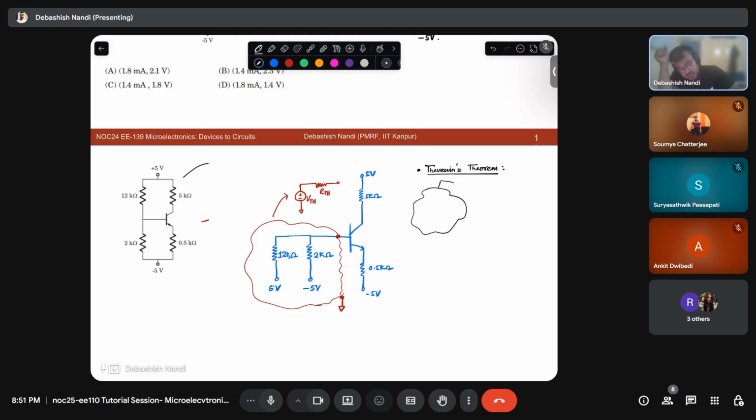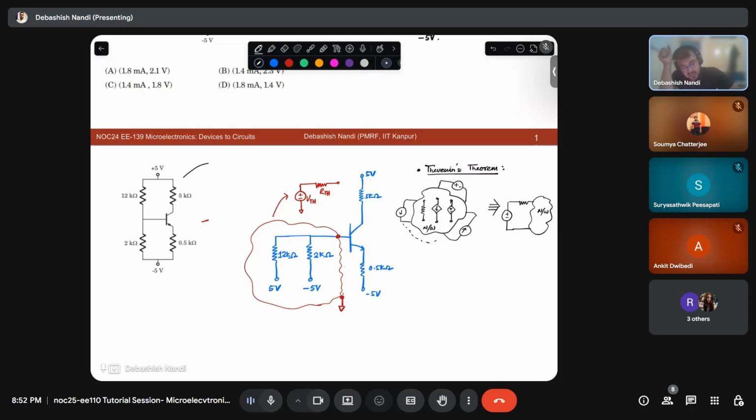If I have a network with multiple sources, I can replace the network with a voltage source and a resistance.